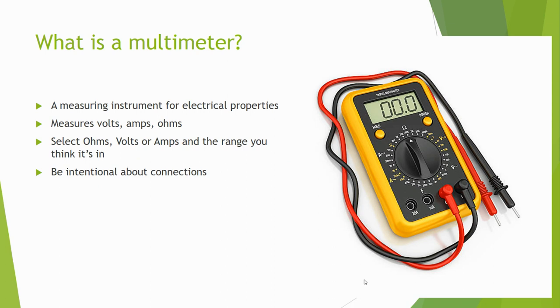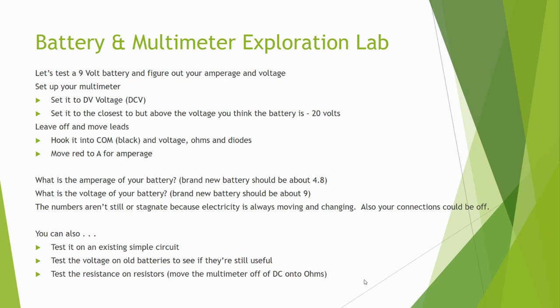In the kits that we have there, you're each going to be assigned a multimeter, and I would like for you to turn that on and experiment with that. You're going to start by testing a 9-volt battery to figure out your amperage and your voltage.